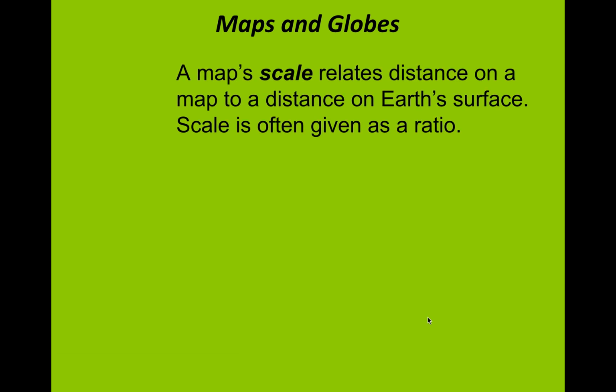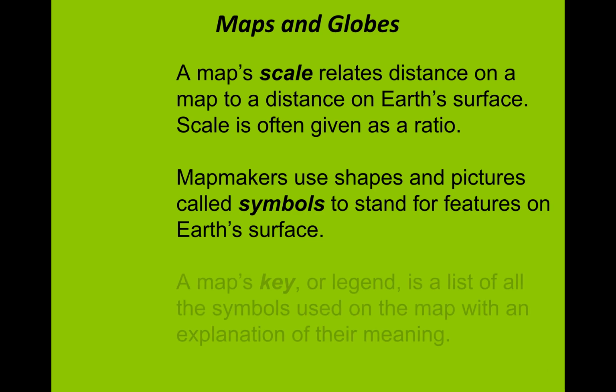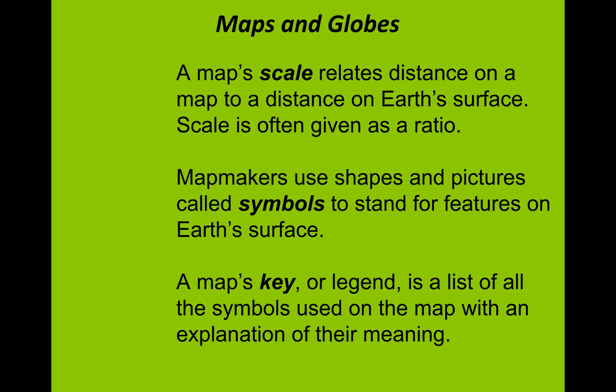A map scale relates distance on a map to a distance on Earth's surface. Scale is often given as a ratio. Map makers use shapes and pictures called symbols to stand for features on Earth's surface. A map's key or legend is a list of all the symbols used on the map with an explanation for their meanings.